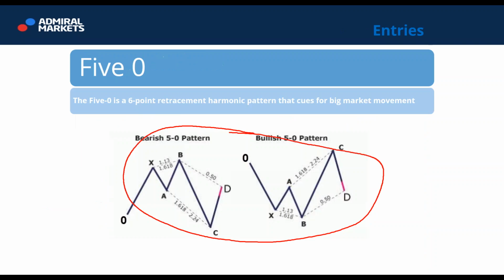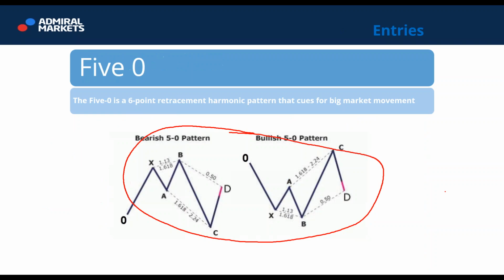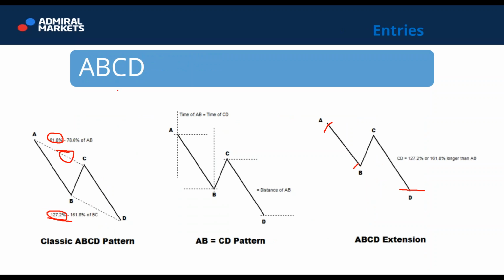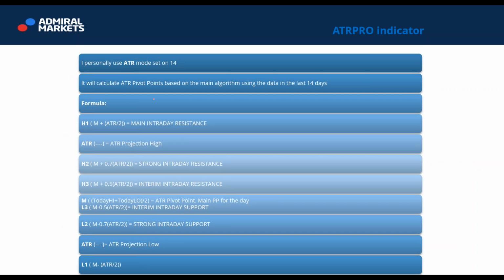Very important is to know about these patterns, because counter trend moves are used on the 15-minute time frame, guys, not on the 1-hour time frame as we use for trend moves. I personally use ATR mode set to 14.